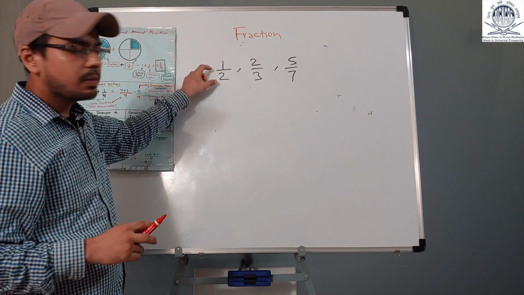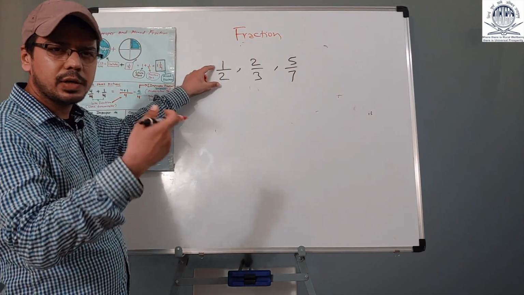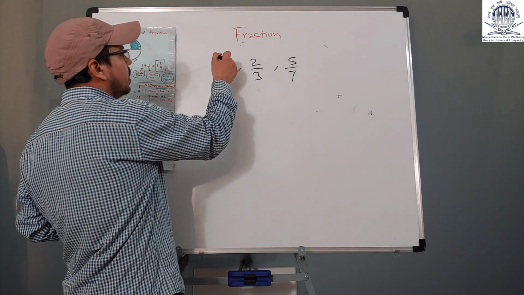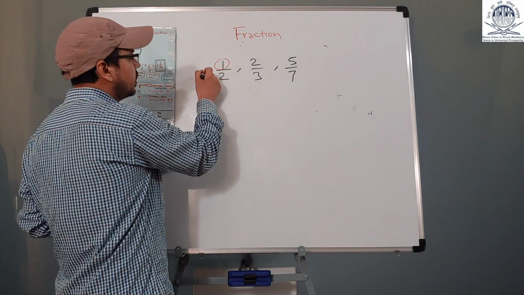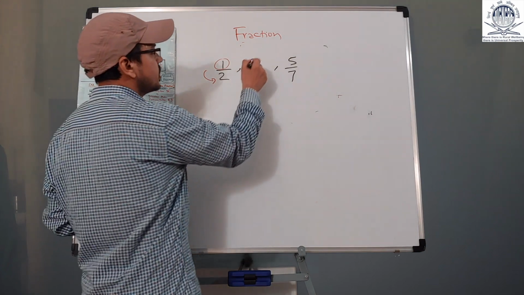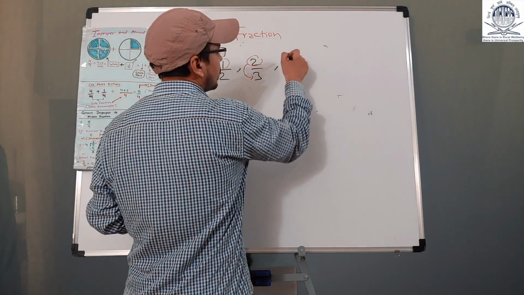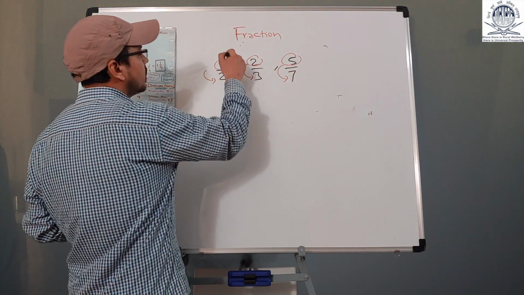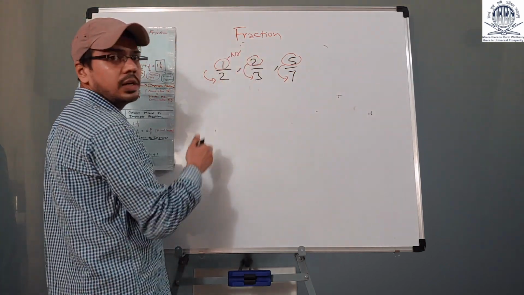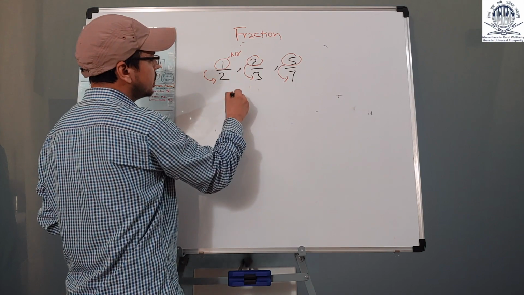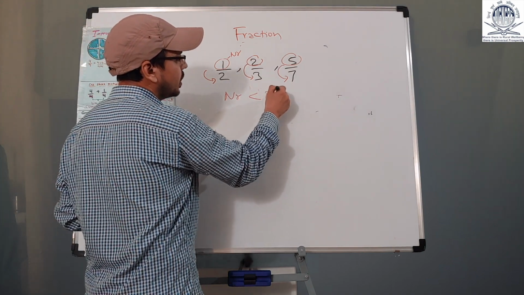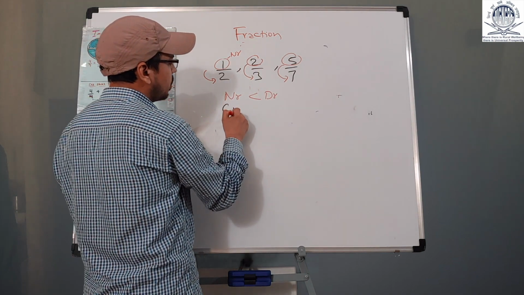Now what makes them proper, technically as we are taught in schools, is that the above part, called the numerator, is lesser than the denominator. If the numerator is lesser than the denominator, we are taught that it's called proper fraction.